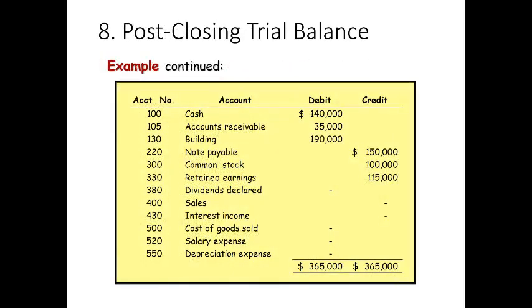So now at the end of the year, we have closed out all of our temporary accounts. They're all closed out to zero, and retained earnings holds all of our net income minus our dividends declared for the year. It's all been updated for the next year. So going forward, the next year, we can start recording sales and expenses again for the new accounting period.